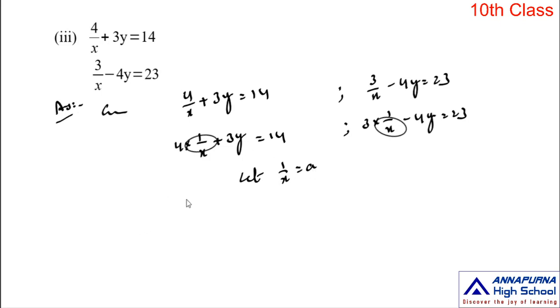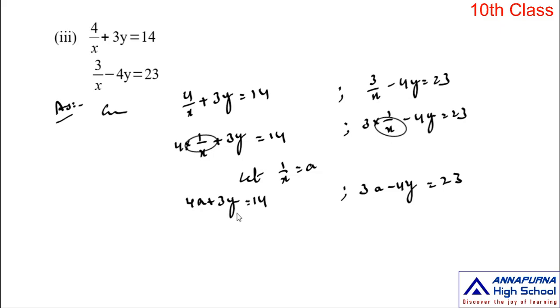Then the two equations change to 4a plus 3y is equal to 14 and 3a minus 4y is equal to 23.